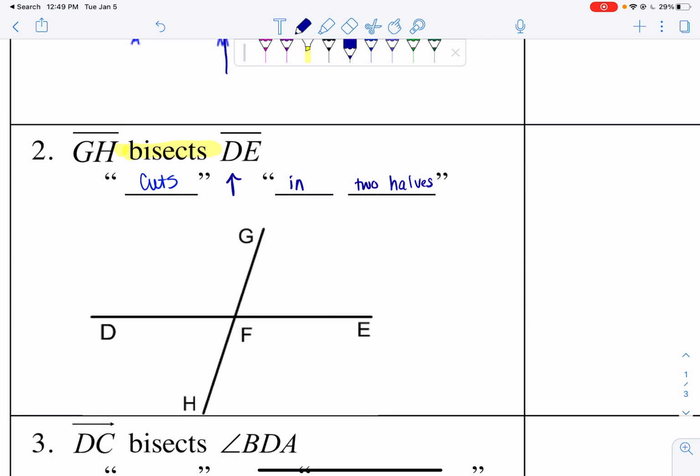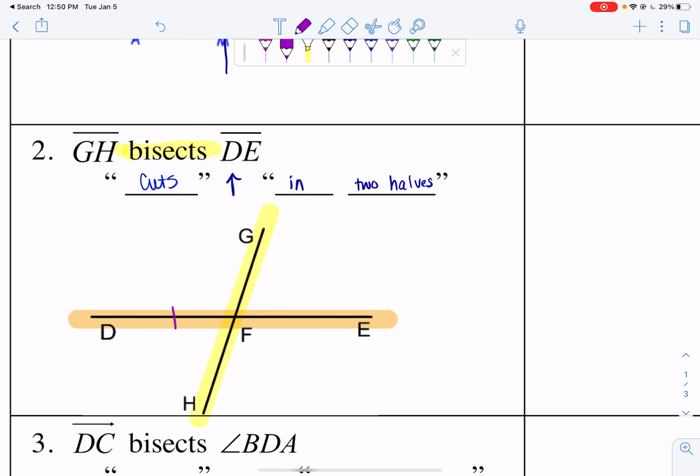In a way, GH is acting like a knife. So I'm going to highlight the segment GH, and what it's doing is bisecting line segment DE. When I'm bisecting line segment DE, I'm cutting DE into two equal halves.